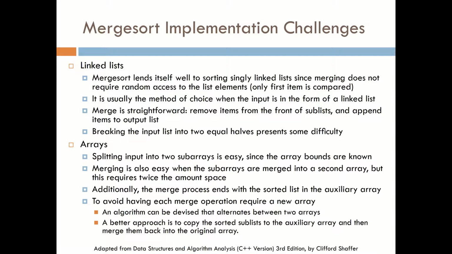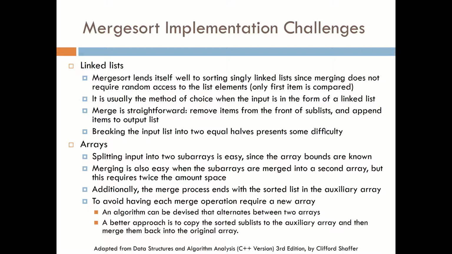So some things to consider when implementing merge sort. Merge sort lends itself to sorting linked lists. As a matter of fact, if your data is in list form, merge sort is usually what is used. Because we don't require random access to the individual elements, we only compare the first one, so the merging is fairly straightforward.